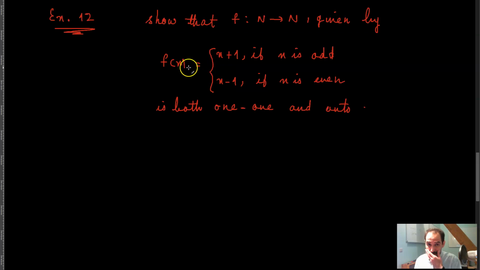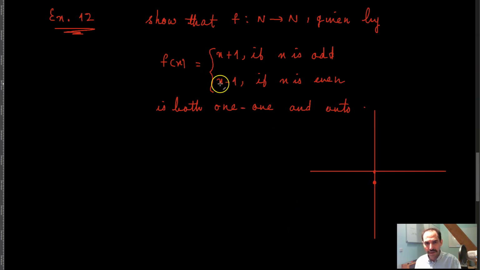So for all the odd x's, f of x is equal to x plus 1. For all the even x's, f of x is equal to x minus 1. We are working in the set of natural numbers. For example, 0 is even, so the function would give you a -1 over here.